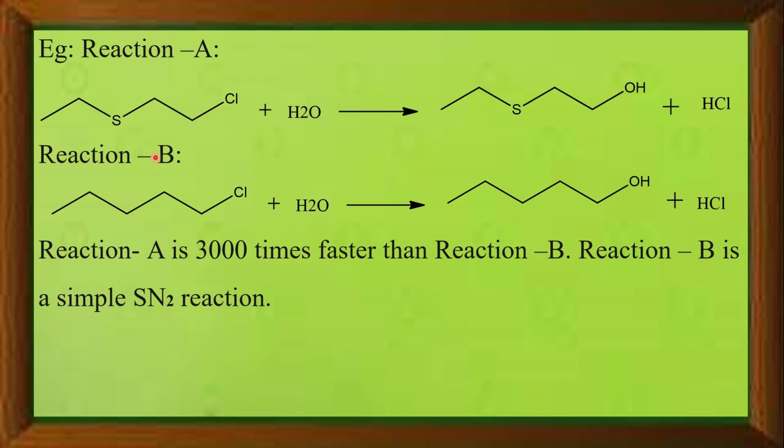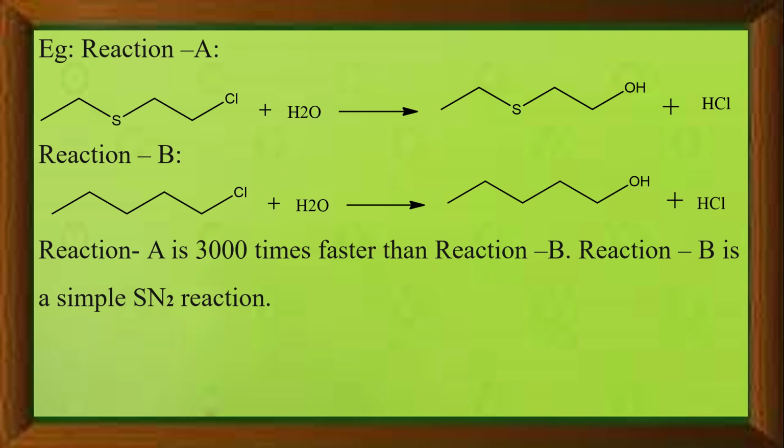Whereas in reaction B, there is no neighboring group present. And because of the presence of this neighboring group, this reaction A is 3000 times faster than reaction B. How this neighboring group participation works out, we shall discuss with the next slide.